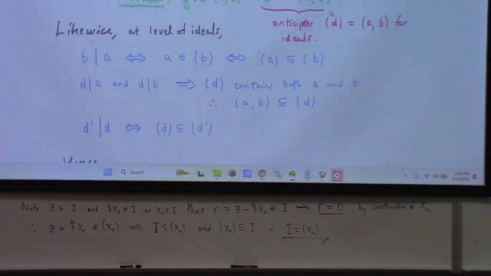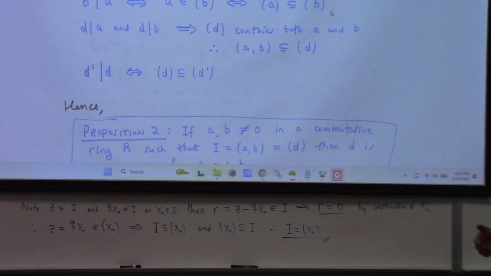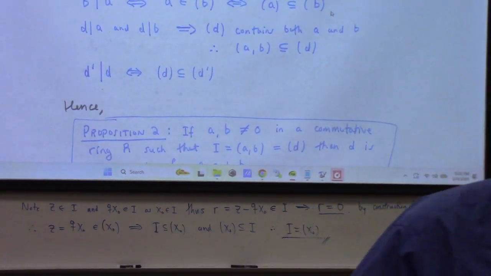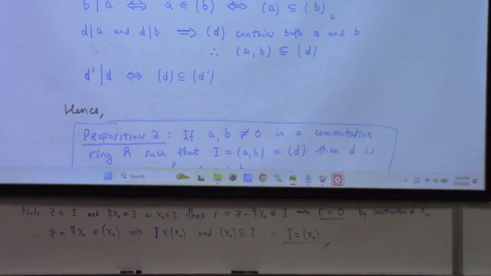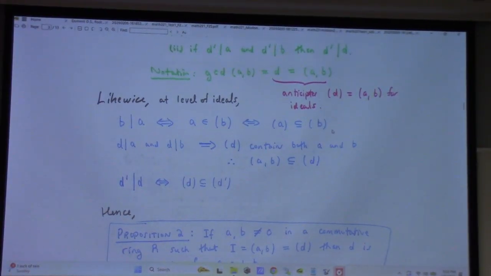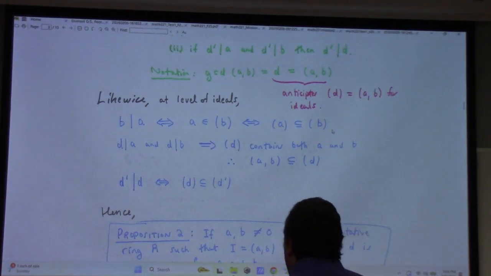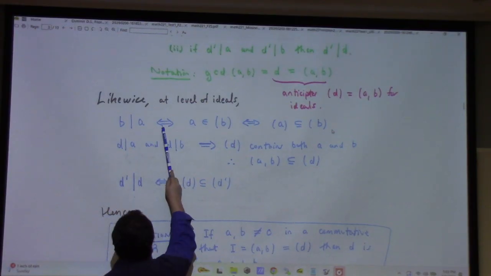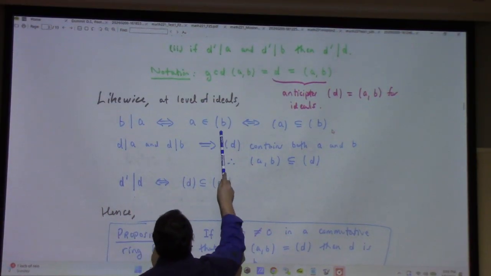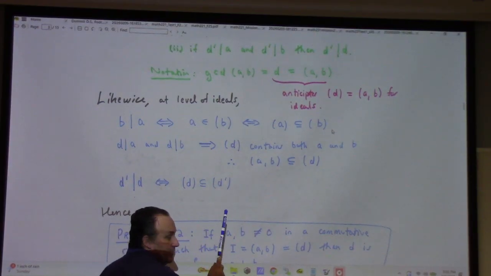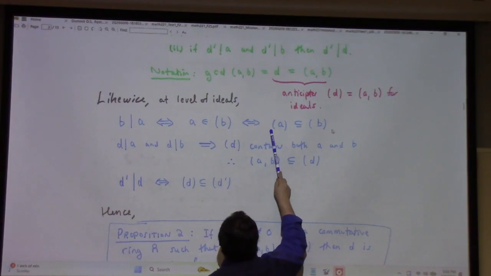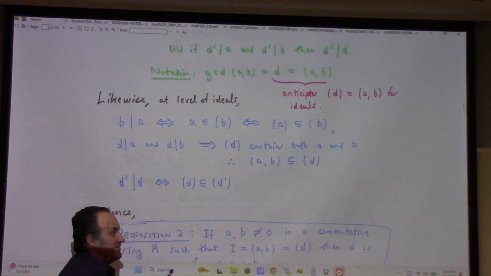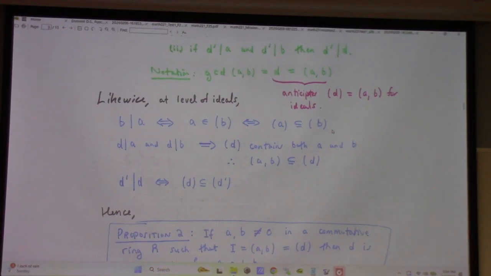So at the level of ideals, B divides A is equivalent to: A is an element of the ideal generated by B, because A is a multiple of B. But that means that the ideal generated by A is contained in the ideal generated by B. So you notice the flipping of the order of the letters here; we get containment in the opposite order.